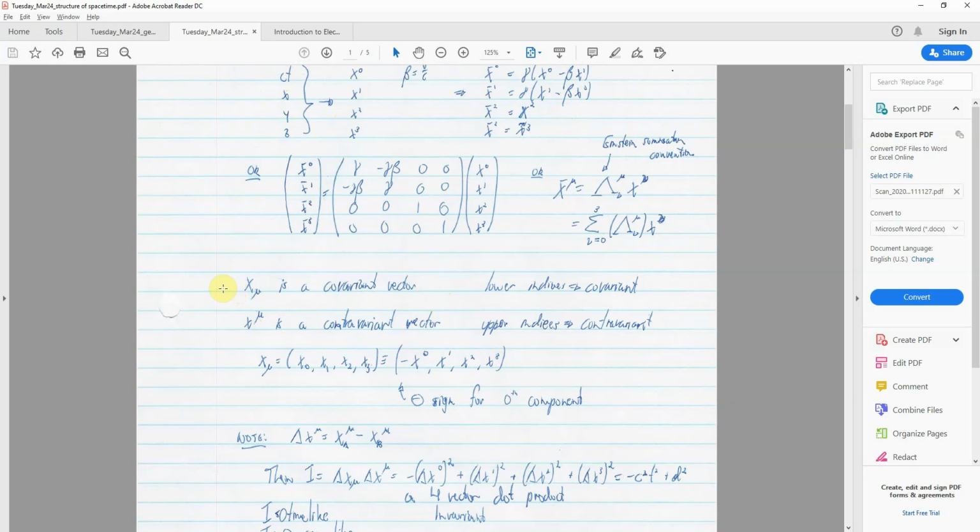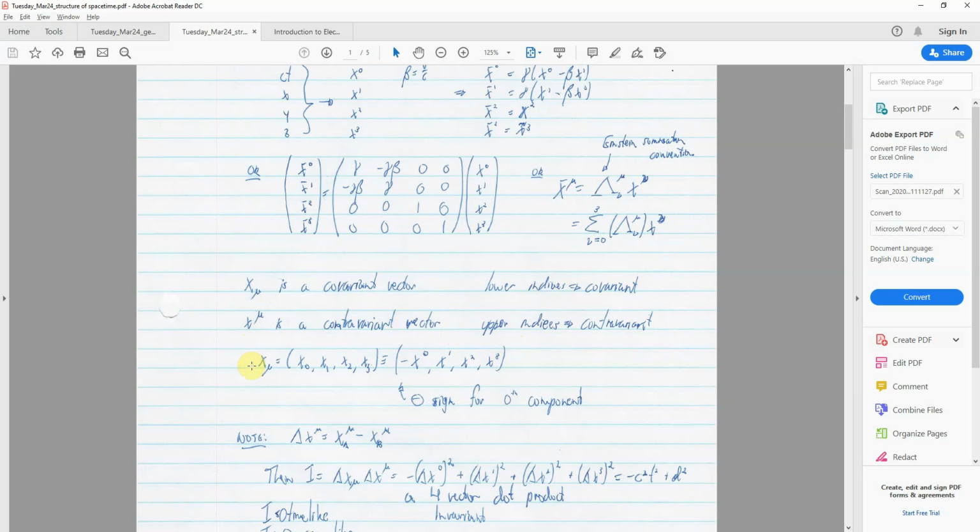We'll be using the same convention as the textbook, which is, I believe, the Minkowski convention: when we have x with a subscript mu, it's called a covariant vector, so a lower index means covariant, and x with the upper index mu is a contravariant vector, so the upper index is contravariant.